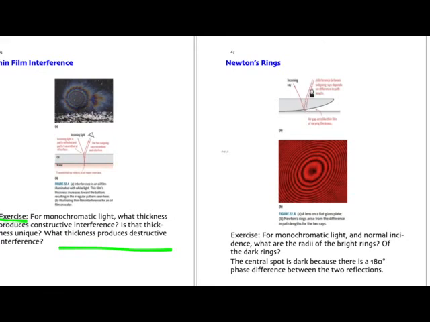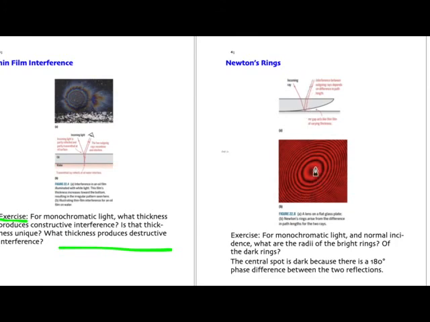So the bright fringes will occur where the path difference is like 1 1/2 wavelengths, or 2 1/2 wavelengths, or half a wavelength. And where the path difference is an integer number of wavelengths, because of the additional phase change, there'll be a dark fringe, a region of destructive interference.